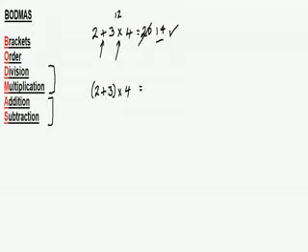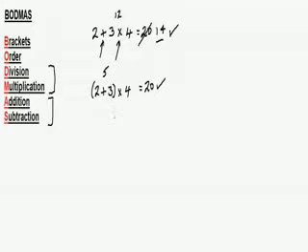So 2 plus 3 is 5 and 5 times 4 is 20. So only if there are brackets around this do we get this 20. Otherwise we use the rule of precedence.